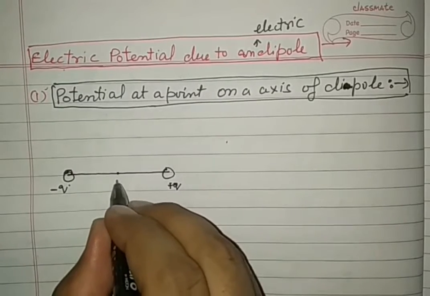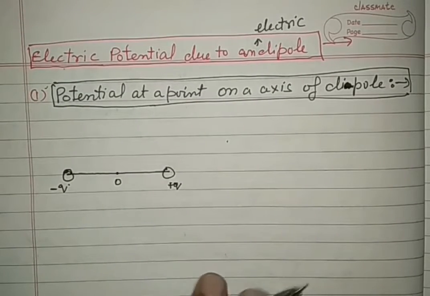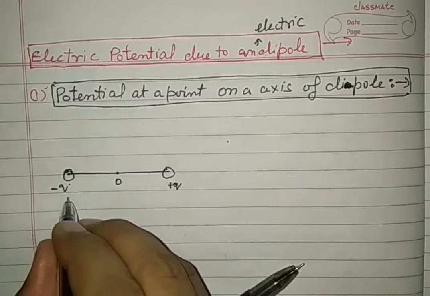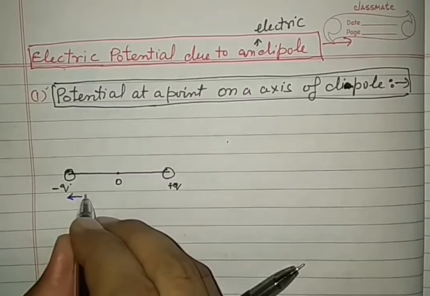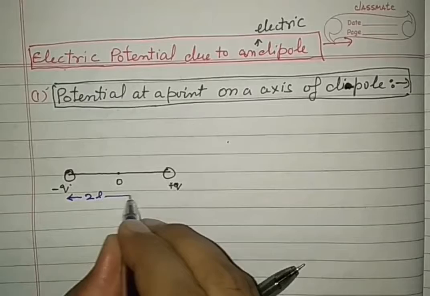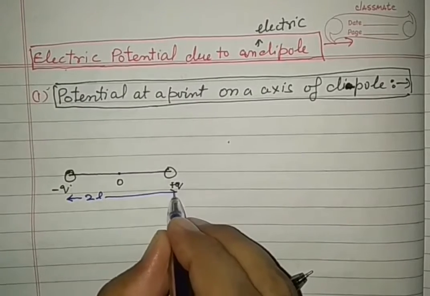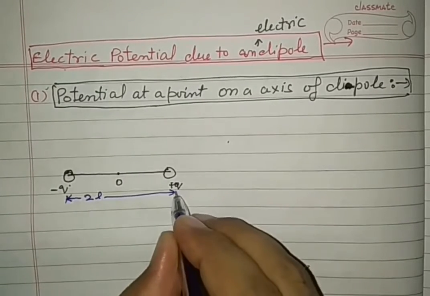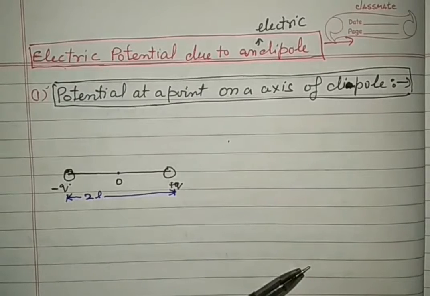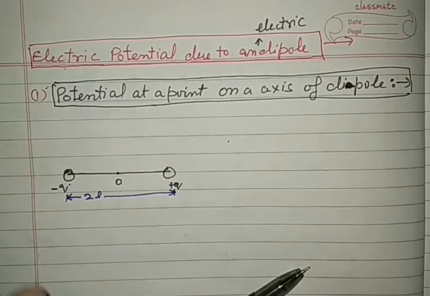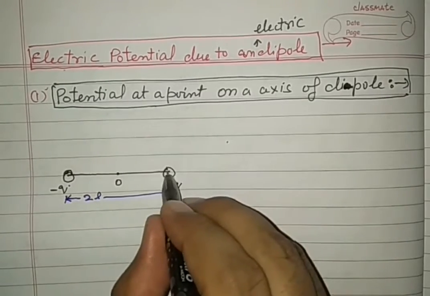Let this be the center of the dipole. The length of a dipole is represented by 2L, from the center of one charge to the center of the other charge.